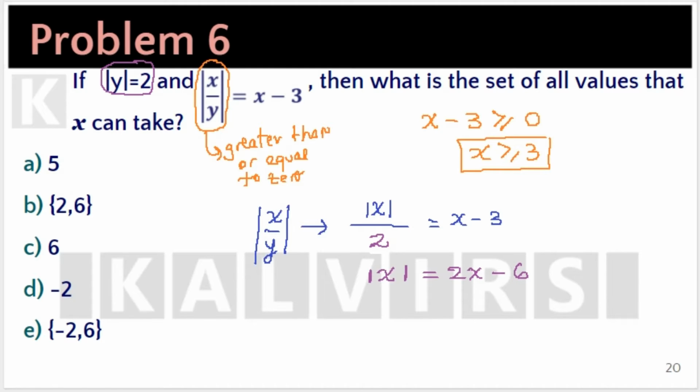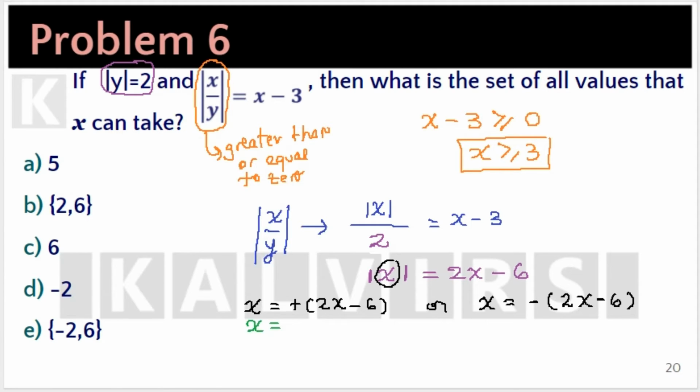We know that x might be either positive 2 times x minus 6 or negative 2 times x minus 6.